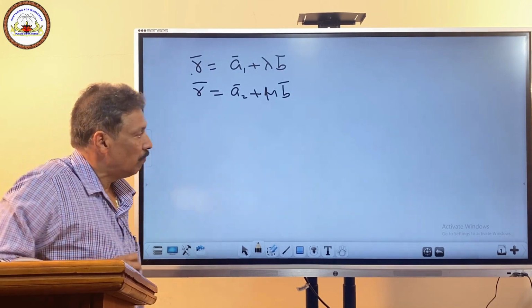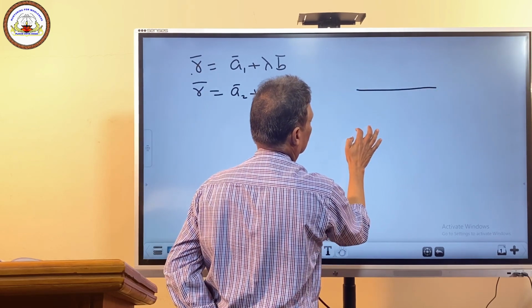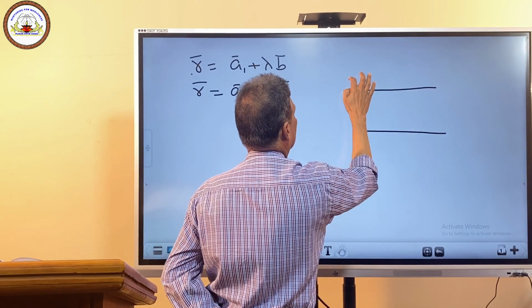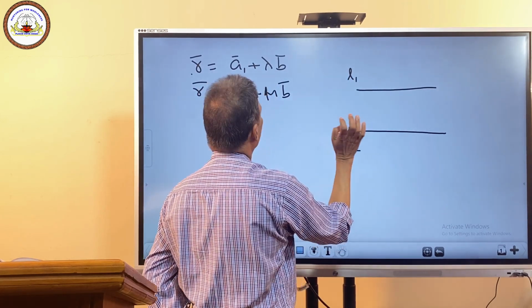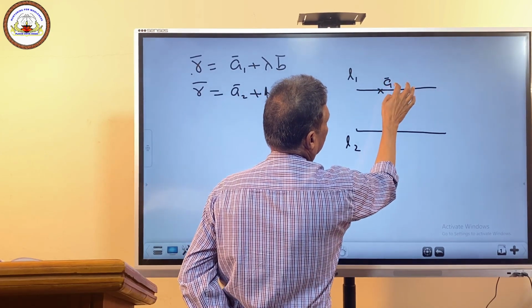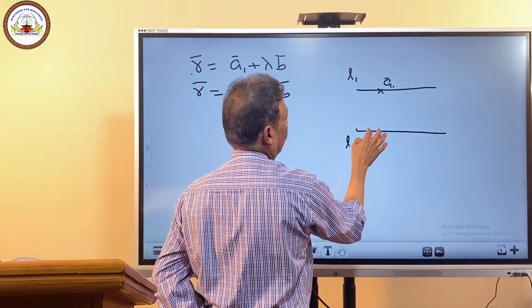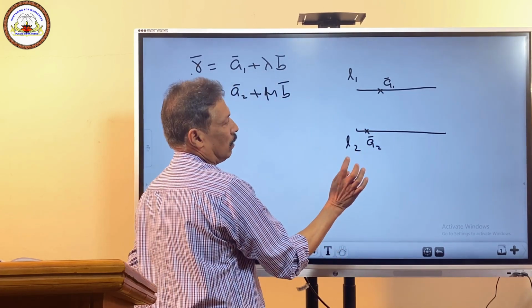For that formula, we consider two parallel lines. This is L1 and this is L2, and there is a point on L1, A1, and a point on the second line, A2.